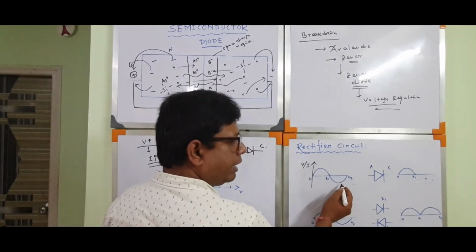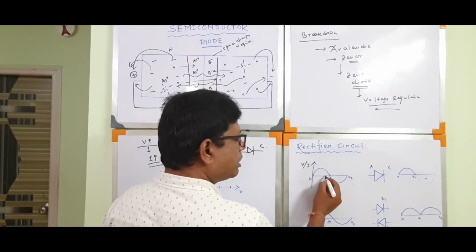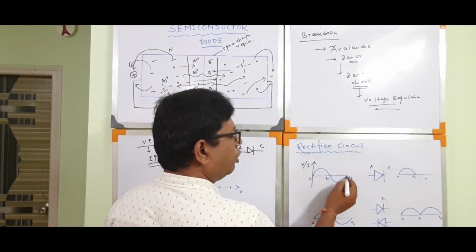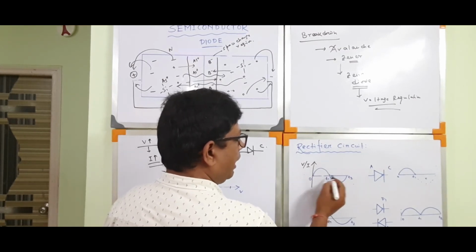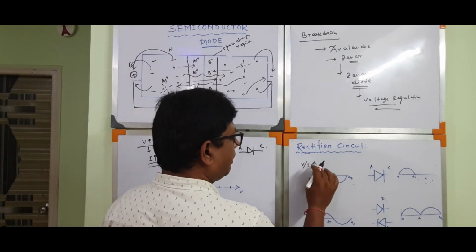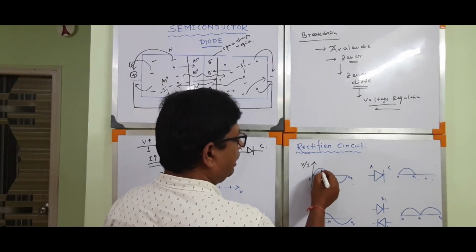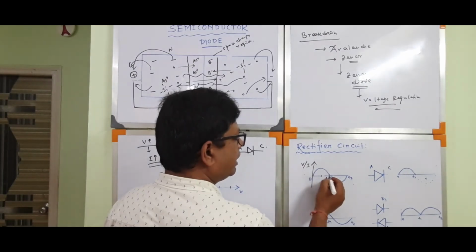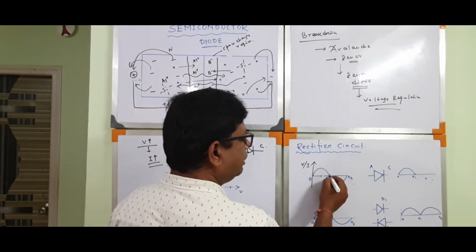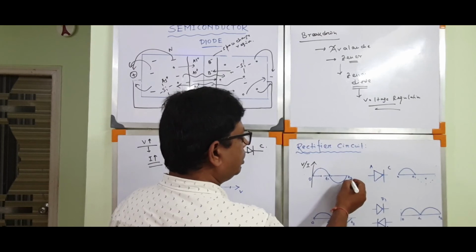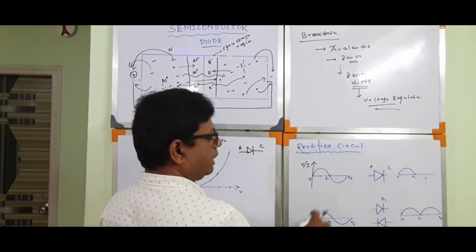That means at each and every instant of time you will get different values of voltage or current. At time 0, the voltage is 0. At time t, you will get another value of voltage. At time t1, the value is again 0. At time t2 it is again 0. So this is called an alternating signal.